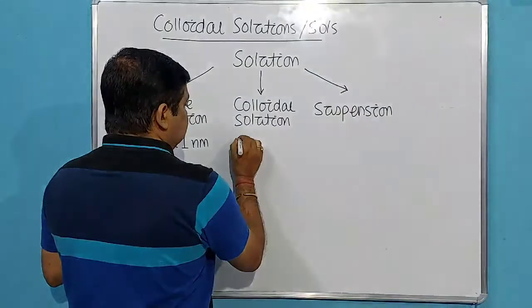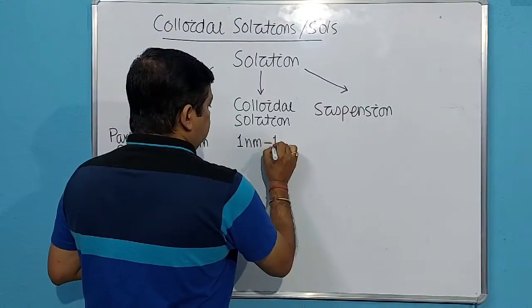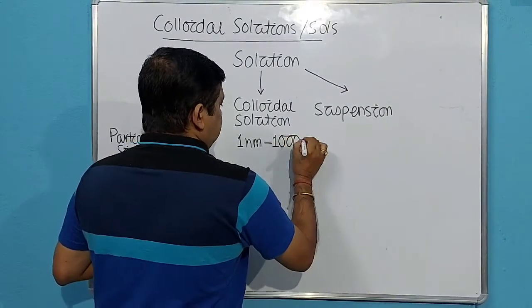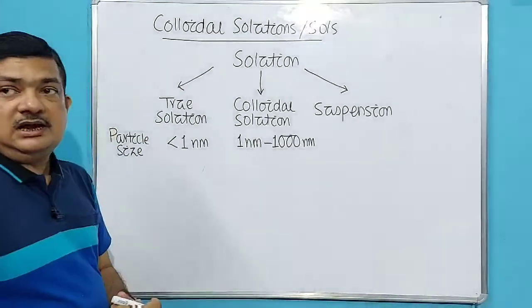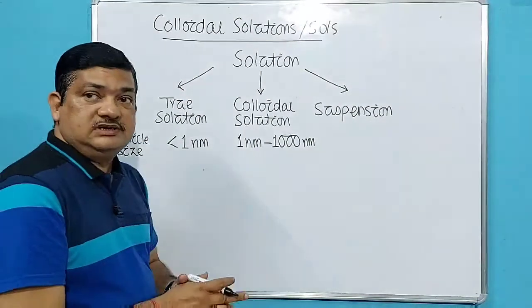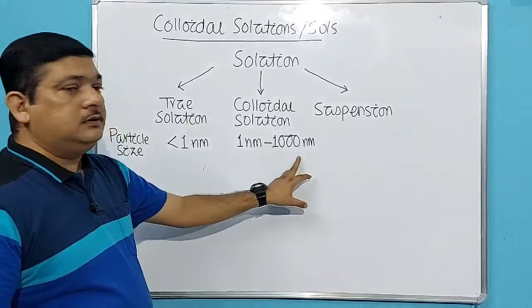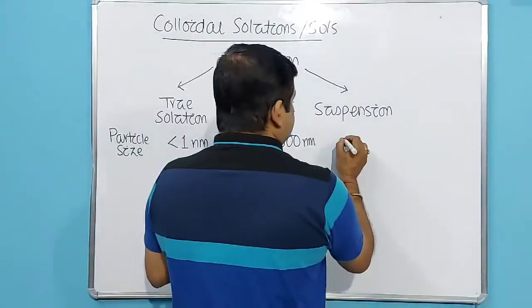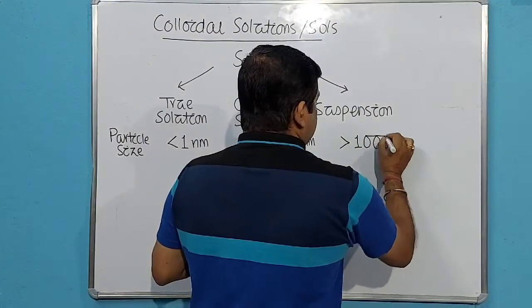Then where the particle size is within the range of 1 nanometer to 1000 nanometer, this range is the colloidal range, which we are going to discuss afterwards. So remember 1 nanometer to 1000 nanometer. For suspension, the particle size will be greater than 1000 nanometer.